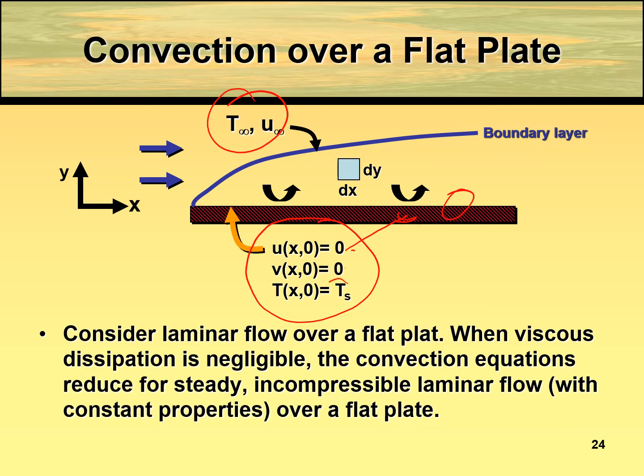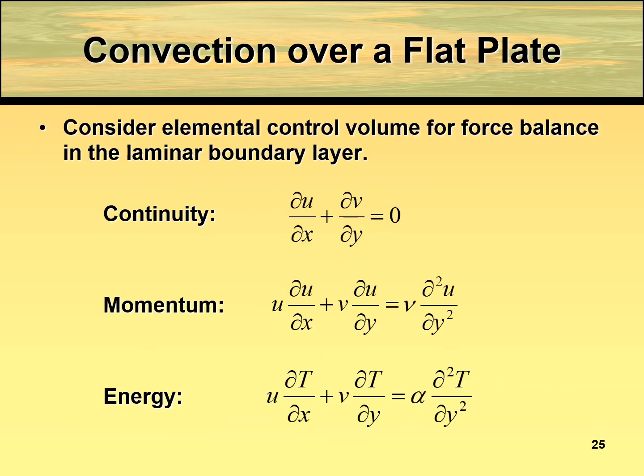So thus we have the temperature Ts on the flat plate. Okay, and the flow is steady, incompressible, laminar flow with constant properties over a flat plate. So thus we have the convection over a flat plate from the continuity equation, momentum equation, and the energy equation.